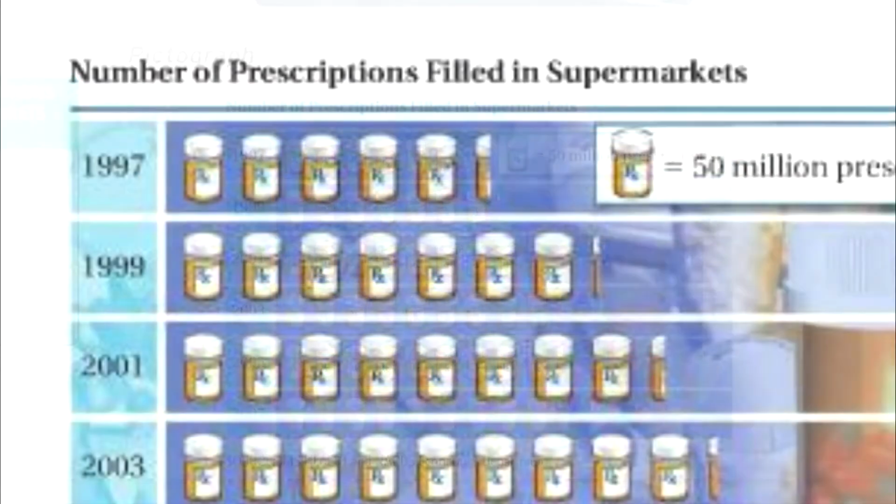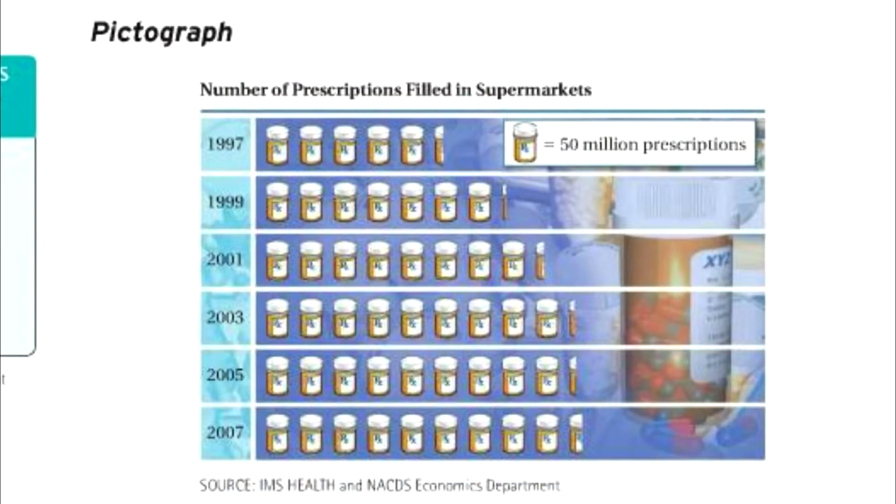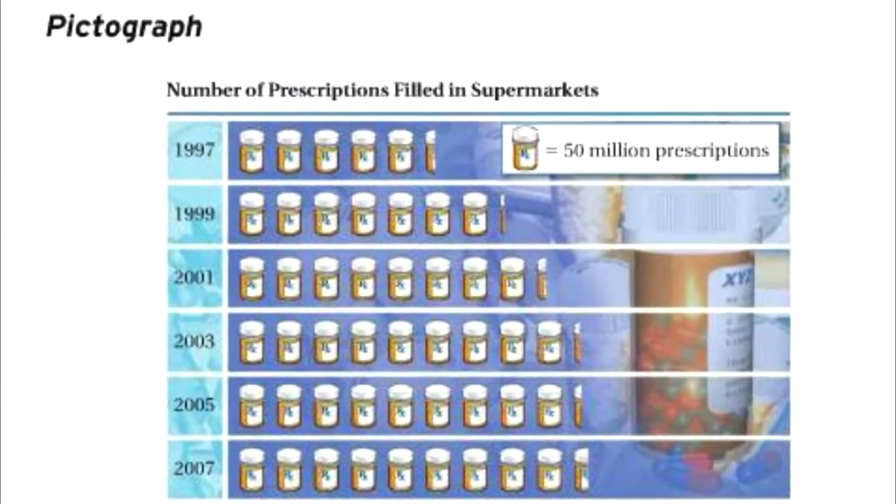You see a graph that says pictograph, number of prescriptions filled in the supermarkets. If you see those, they have those little prescription bottles in the picture. How can you determine, suppose I wanted to know how many prescriptions were filled in 1999?